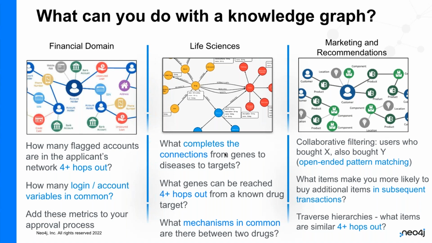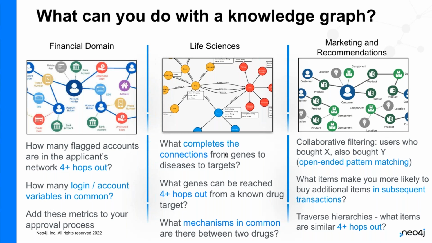Imagine if you're using a relational database and machine learning to answer this question, what completes the connections from gene A to disease B to target C. It would have taken a lot of pre-processing of data, and then maybe some kind of association mining to get to the point.